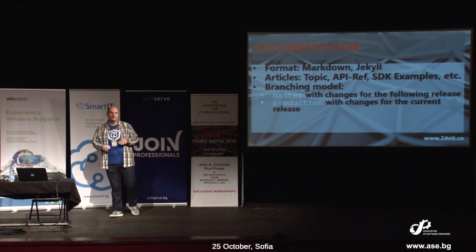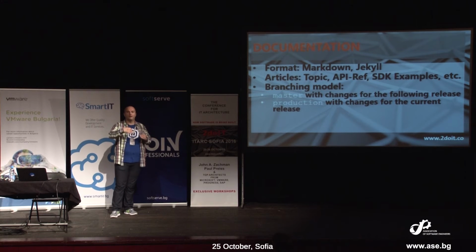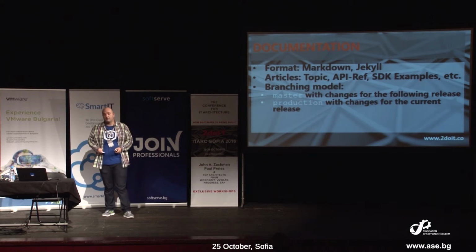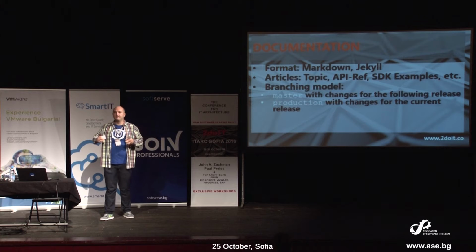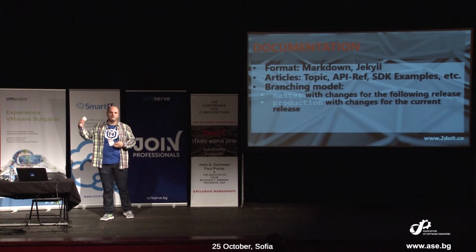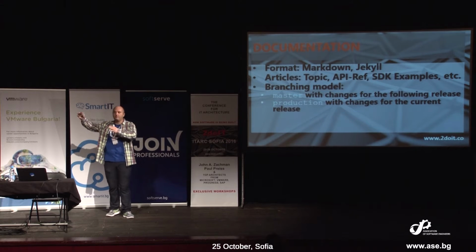The master branch contains changes; the team writes changes that will appear in the next release. And there is the production branch that accumulates fixes that will appear right away.